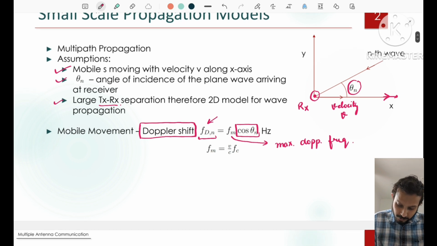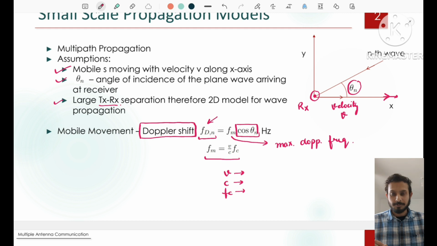And from physics, we know that Fm is equal to v by c times Fc, where v is the velocity of the receiver, c is the speed of light, and Fc is the carrier frequency.